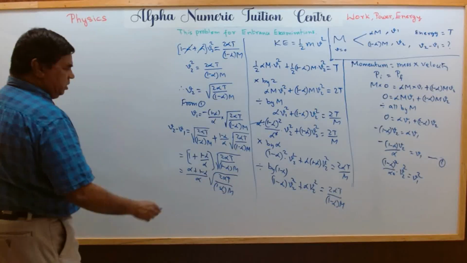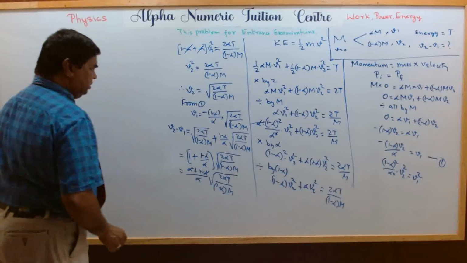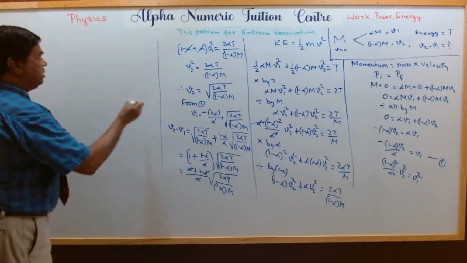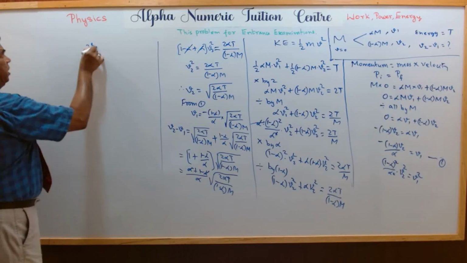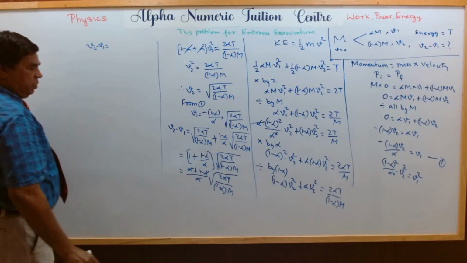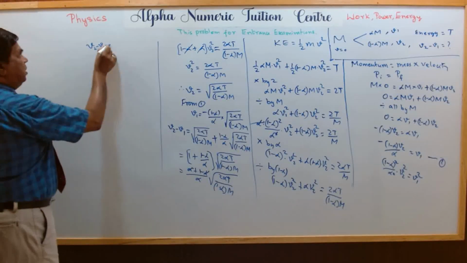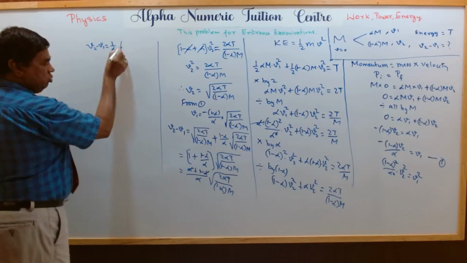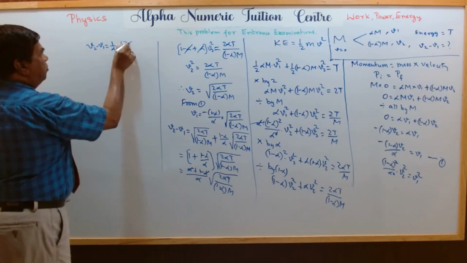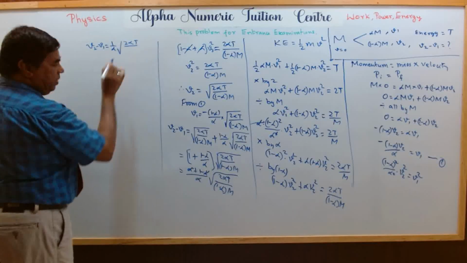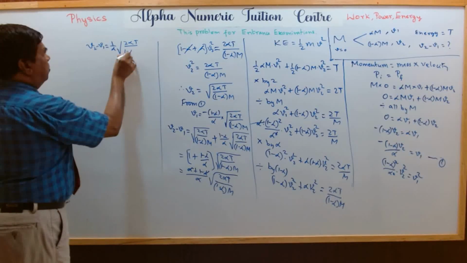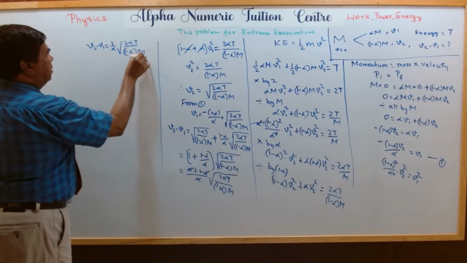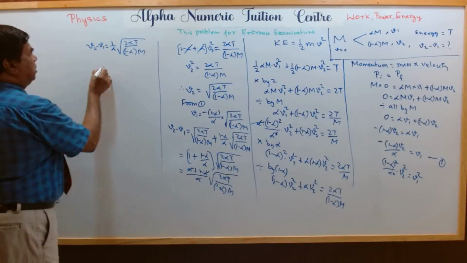Okay, so alpha will get cancelled. So the remaining V2 minus V1 will be 1 by alpha into square root of 2 alpha t divided by (1 minus alpha) into m.